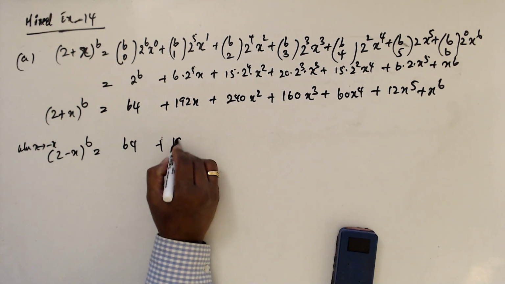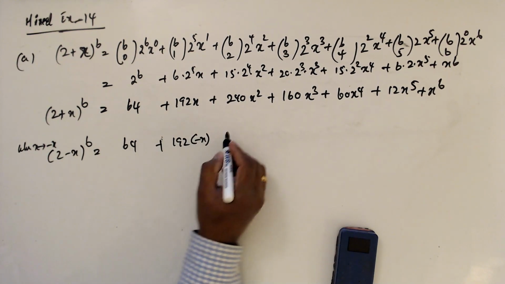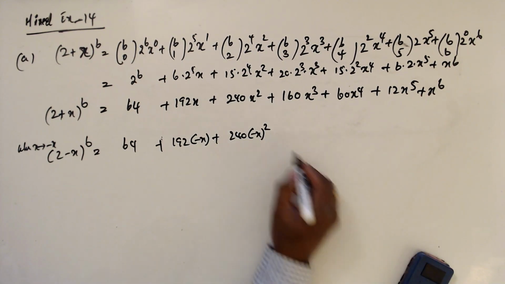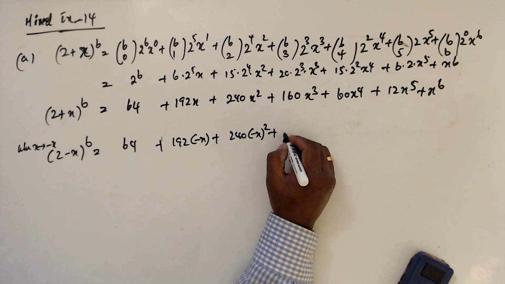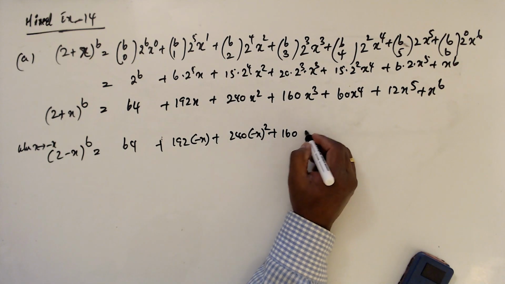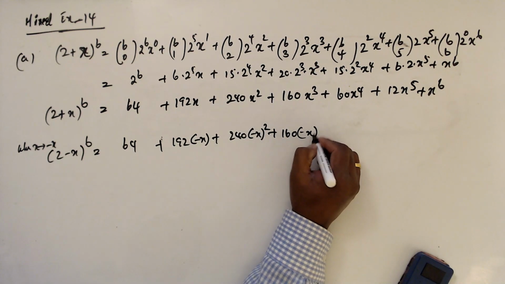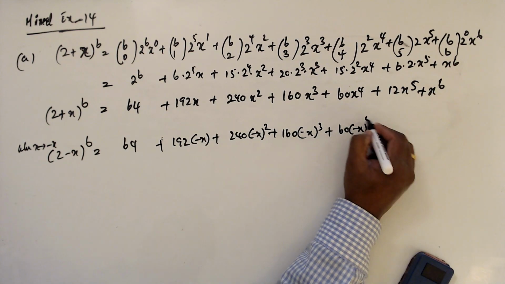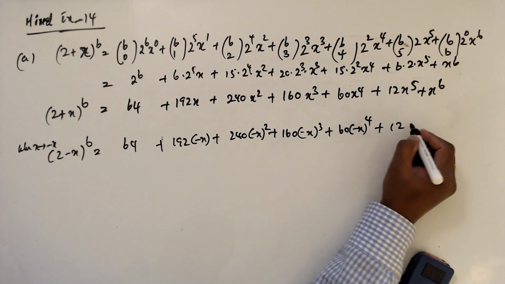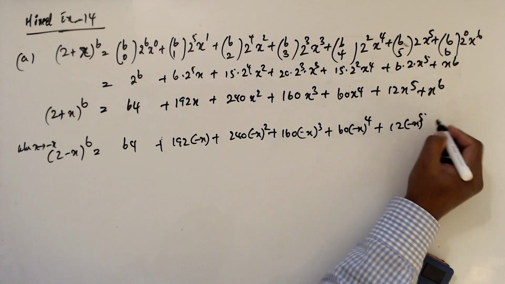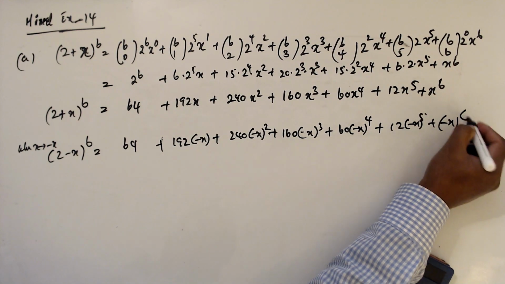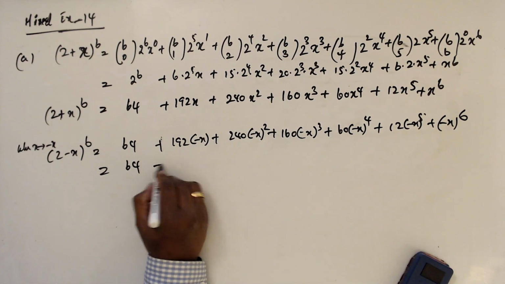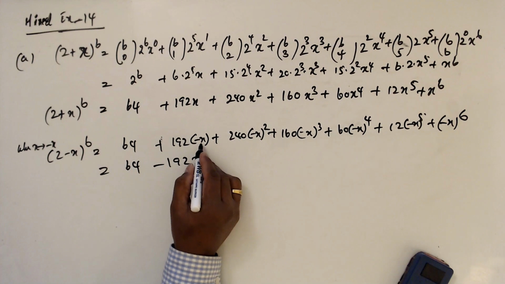64 plus 192 times minus x, 240 times minus x squared, plus 160 times minus x cubed plus 60 times minus x to the power 4 plus 12 times minus x^5 plus minus x^6. Now this is going to be 64. This is minus 192x.